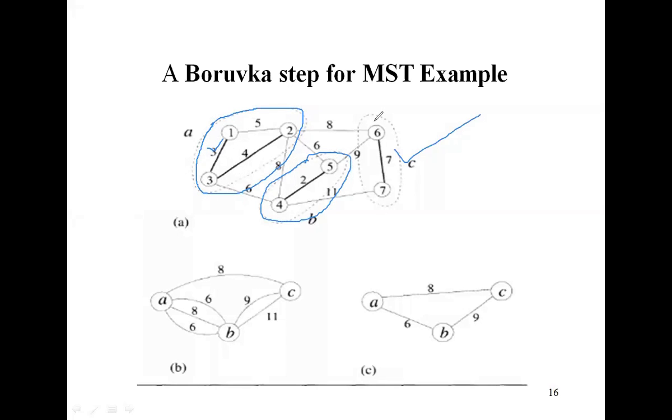Nodes 6 and 7 form another component. So the 6, 7 edge is another component. 1, 2, 3 is one component, the 4, 5 edge is another component, and 6, 7 is another component.